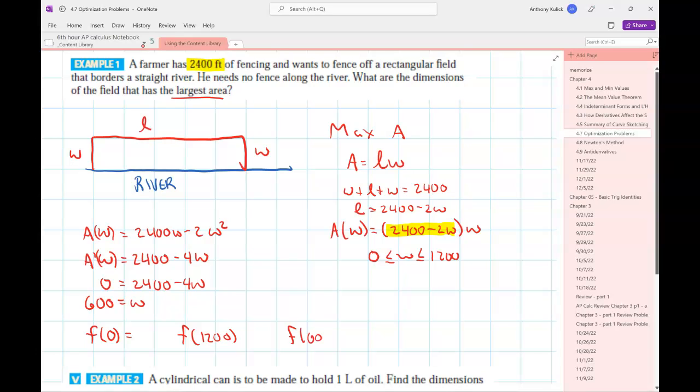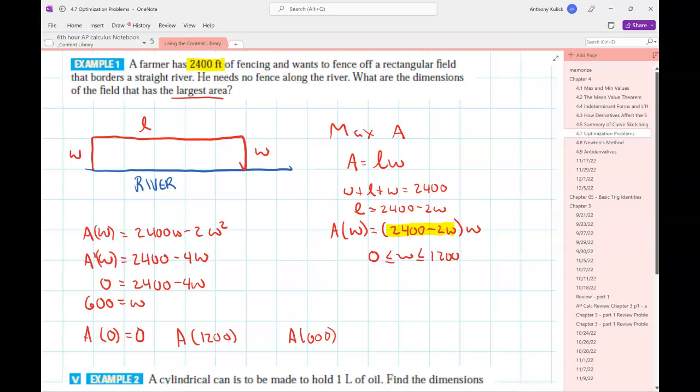Good. The nice part is clearly A of, well, I don't know why I wrote f's here. What's our function name? A for area, yeah. Okay. If I plug in 0 for A, what do I get? Zero, right?